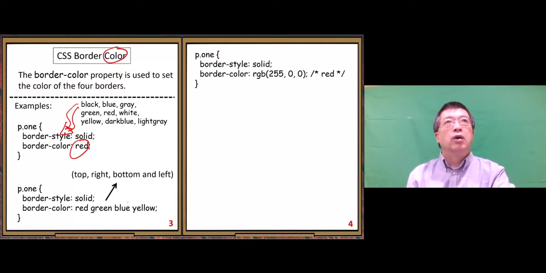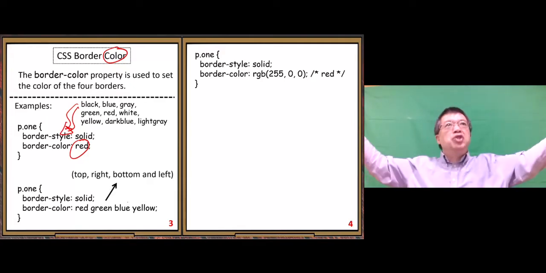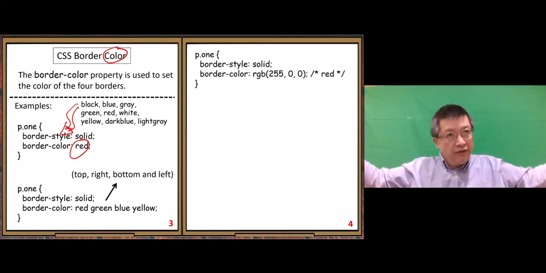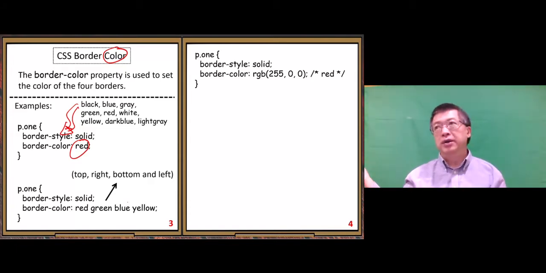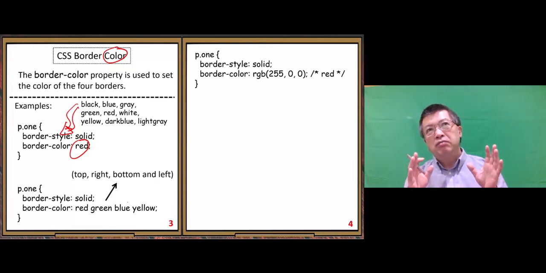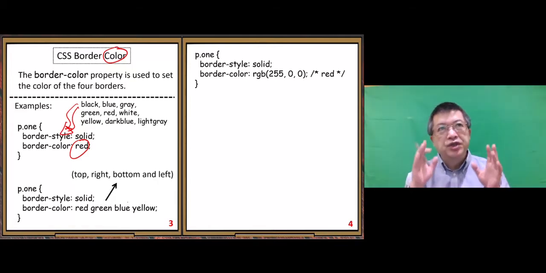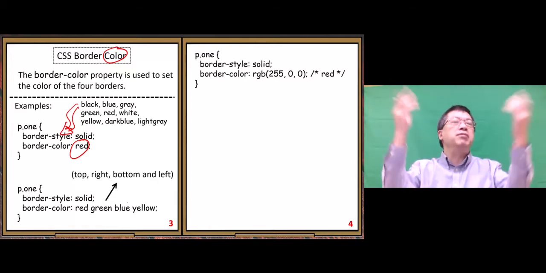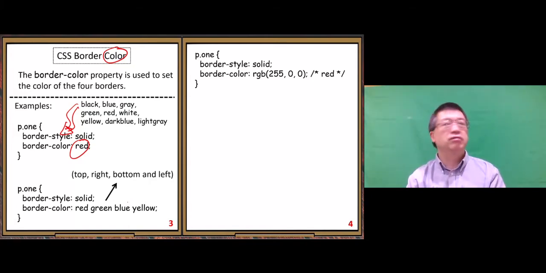We know there are a large number of colors available in the world. You cannot assign each color a specific name. Mainly people assign names to some commonly used colors. Rarely used colors, people do not need to give any name.